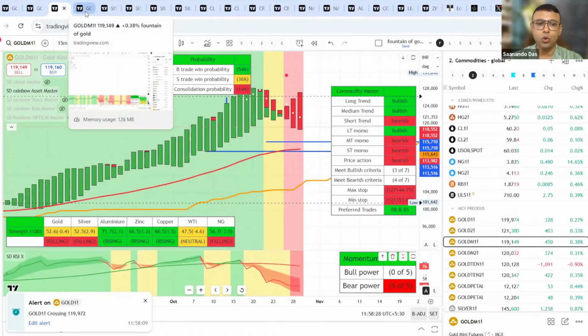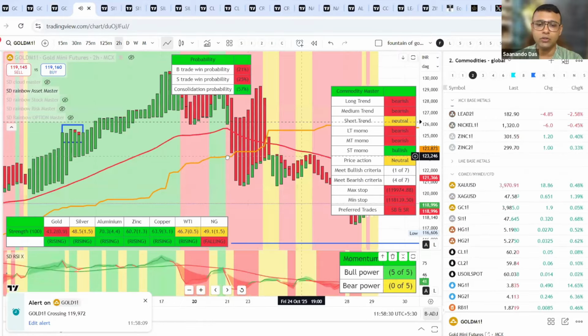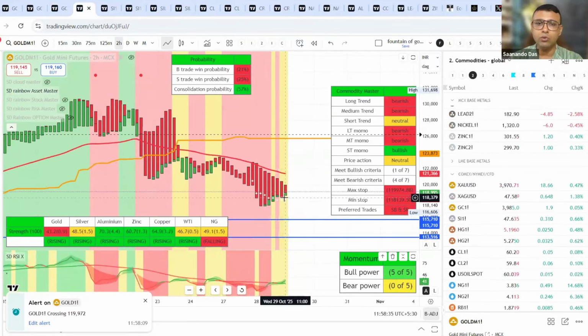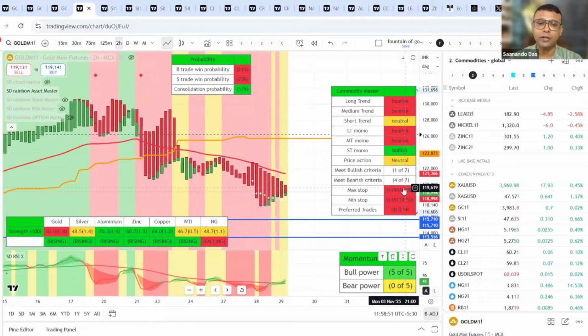Let's look at the gold mini India 2-hour chart. I can witness a bounce back here, but it is yet to turn bullish or give us a buy signal. In this setup, almost 6 factors are bullish, 4 factors are bearish, and 2 factors are neutral. The chance of consolidation looks quite high.